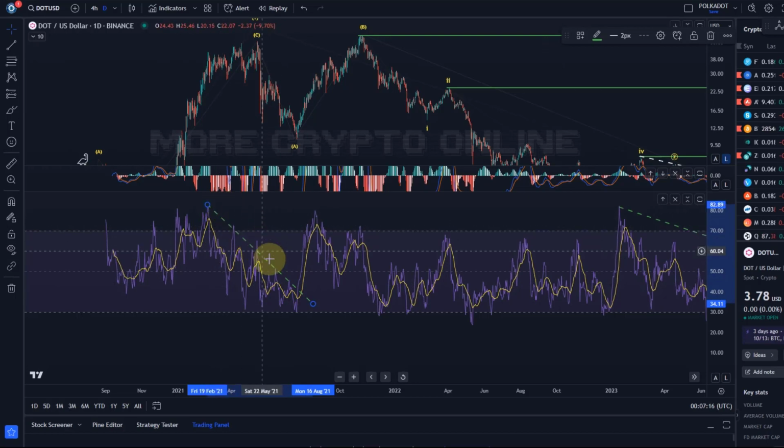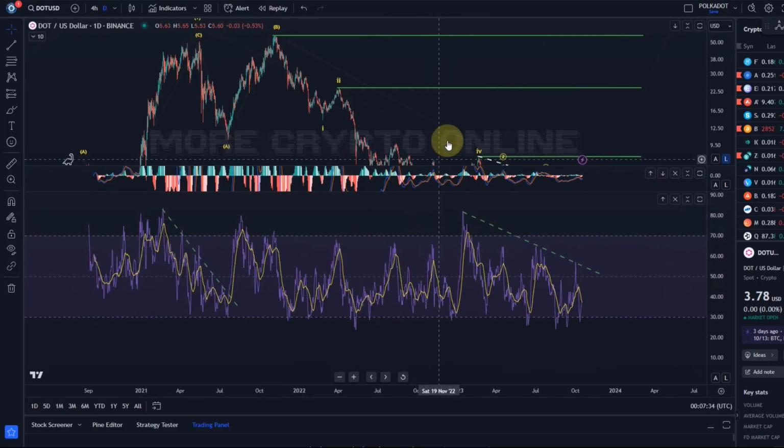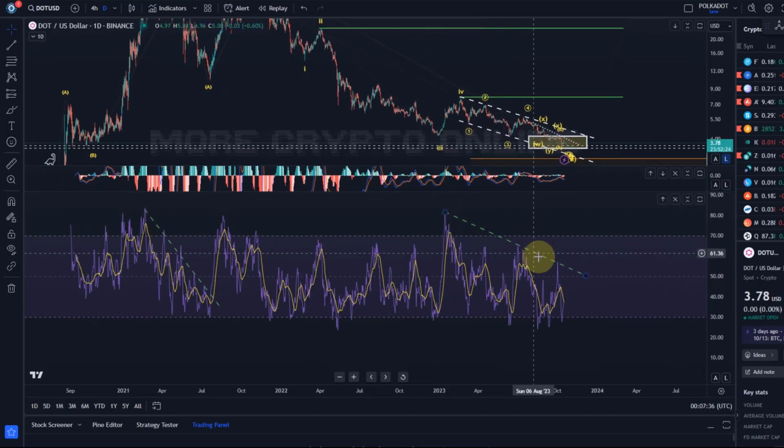You can see how this trend line was respected. When the price broke above that trend line, that was really the signal it would go. Here again, a great piece of evidence why overbought conditions on the RSI on the daily are just useless, because you would have exited just way too early. But we have a similar situation here again, where we are still comfortably below that trend line.